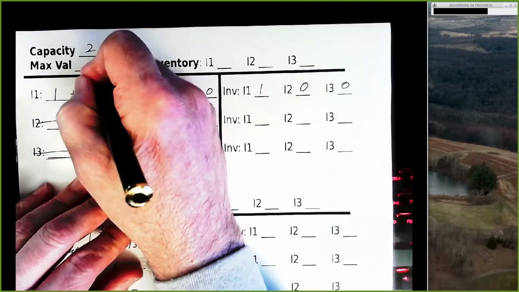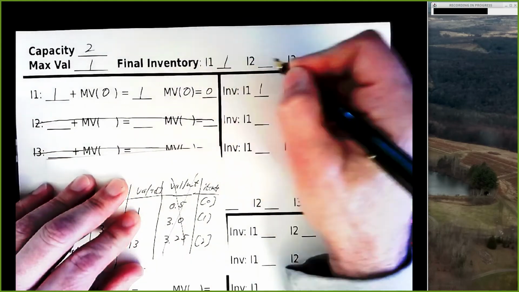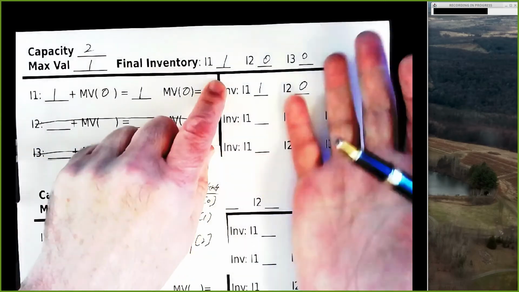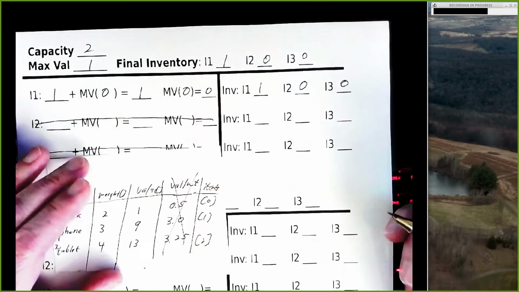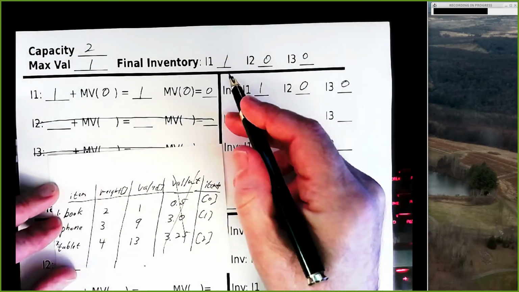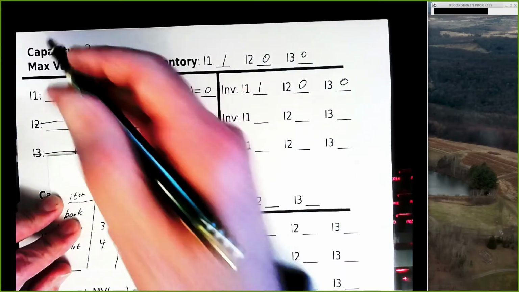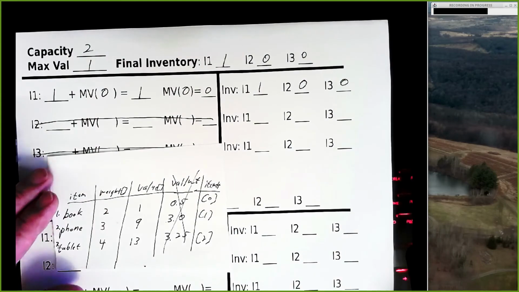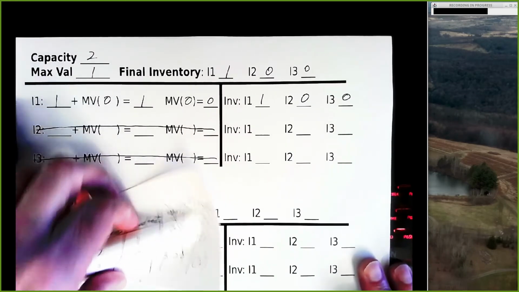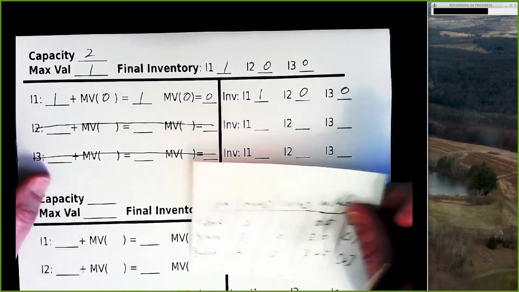The maximum value we get is 1, and here's the inventory of items that we have. So the inventory, I'm just storing a count of how many of each item I have. So 1 book, 0 phones, 0 tablets. Gets us a value of 1. That's the most we can get out of a bag that holds 2. Now we can return... So do you have a separate array for the inventory?